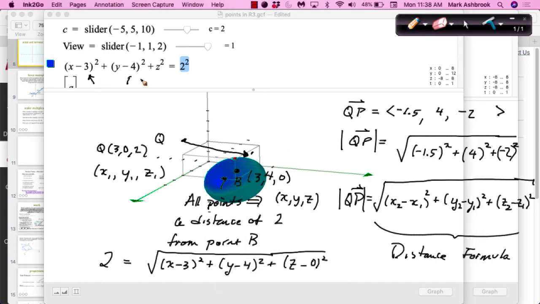Center, right? 3, 4, 0 is the center. And the radius is 2. So just pretend that's the sphere. The axes are stretched in my rendering, so it's squishing, but it is a sphere.